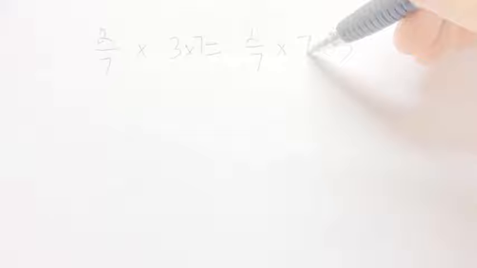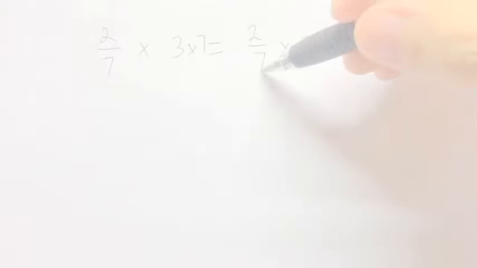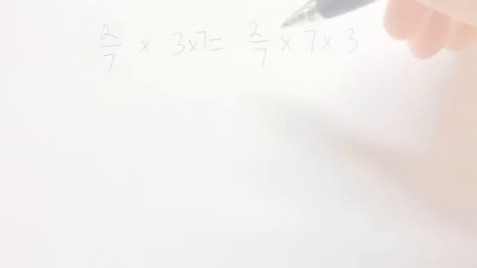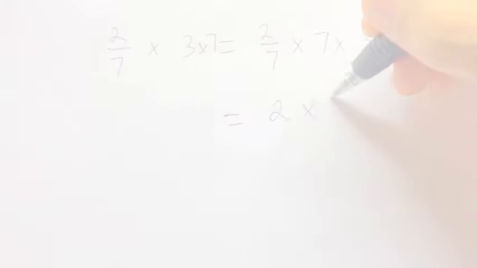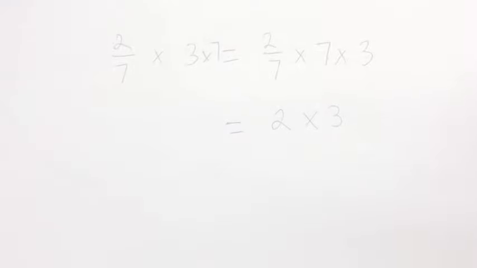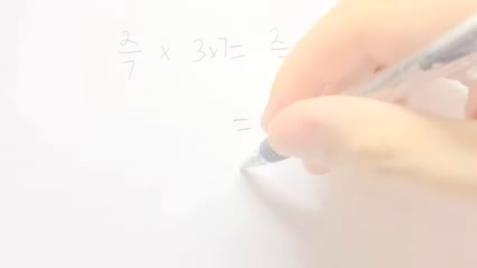And we said before that the 7's cancel here, because whenever it's 2 divided by 7 and times by 7, you get back 2. So that'll equal 2 times 3, which is equal to 6.